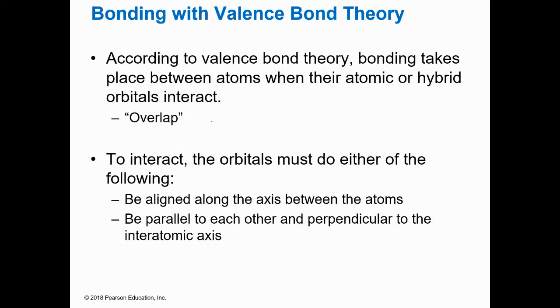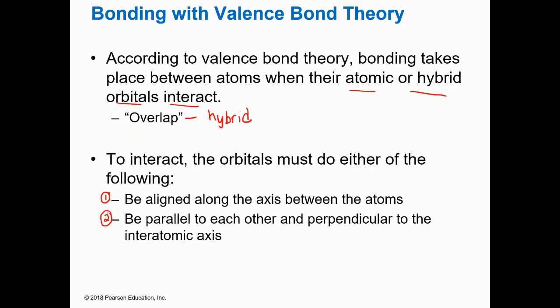And then valence bond theory, again, atomic or hybrid orbitals interact, or what we call overlap. Okay, the overlapping is the hybrid. In order to overlap, one of these two things, one or both, must apply.